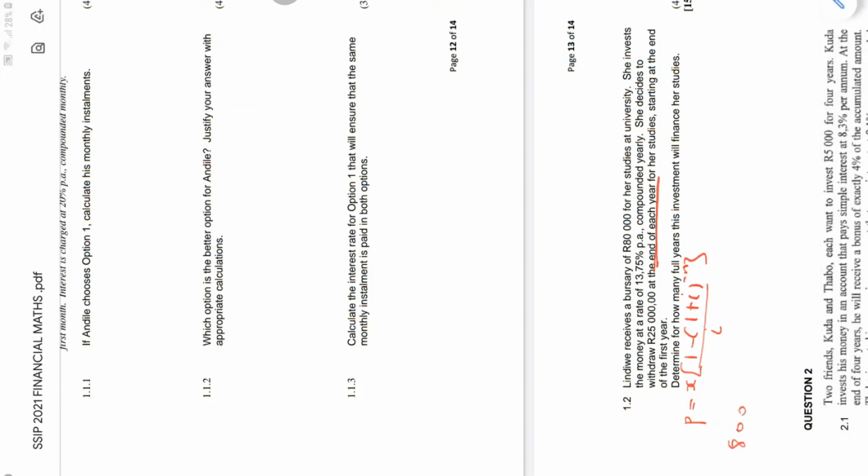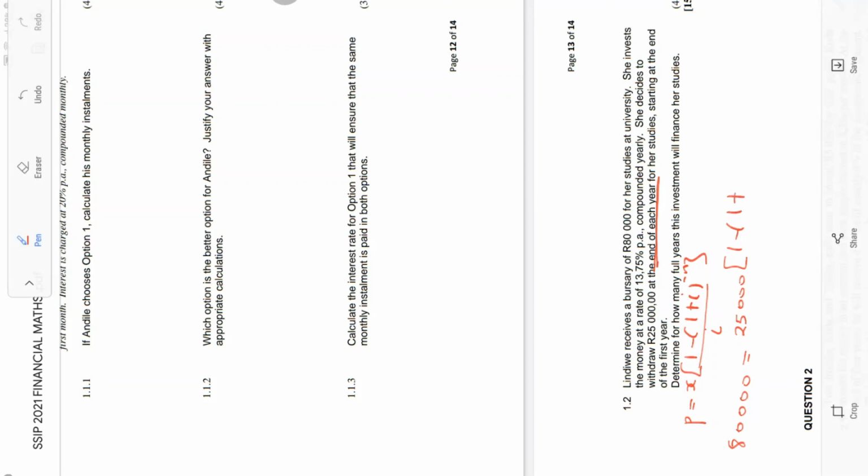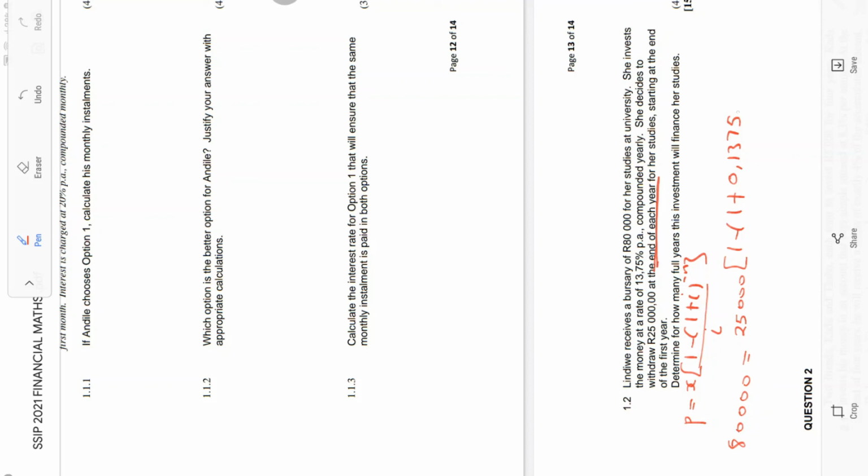The amount at hand is 80,000, and every year we deduct 25,000. 1 minus 1 plus the interest, which is compounded yearly, 0.1375, to the power of negative n.